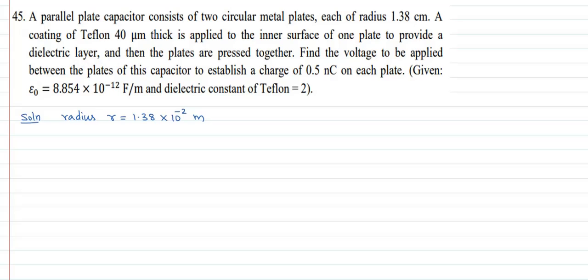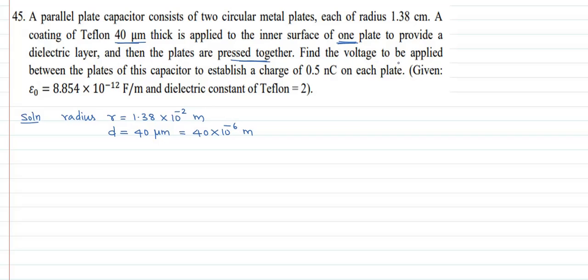A coating of Teflon 40 micrometer thick is applied on the inner surface of one plate to provide a dielectric layer. Then the plates are pressed together. So the distance between two plates, D, he has given as 40 micrometer, or you can say 40 into 10 raised to minus 6 meters.